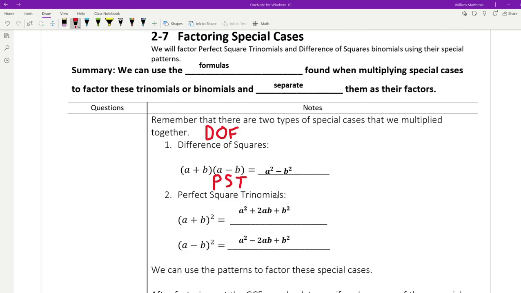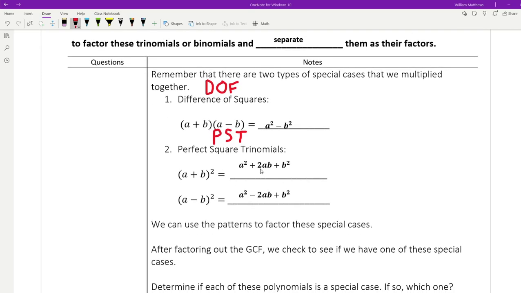Number one, for the difference of squares, we're going to need to find the square root of both of our values. As of right now, it's showing the squared value of whatever we have, so we need to be able to work backwards and find the square root. This is the same for perfect square trinomials, but we'll also have one extra step.